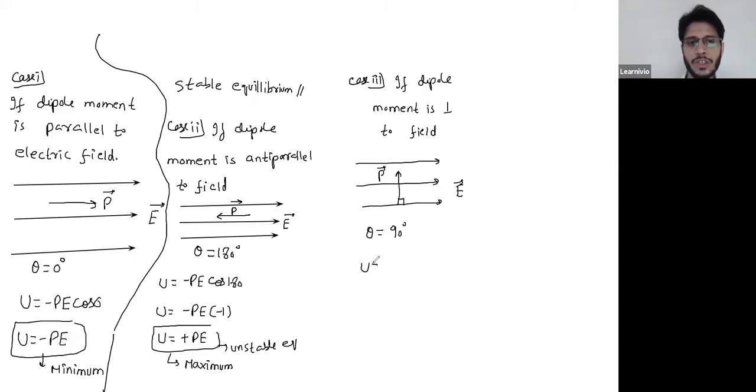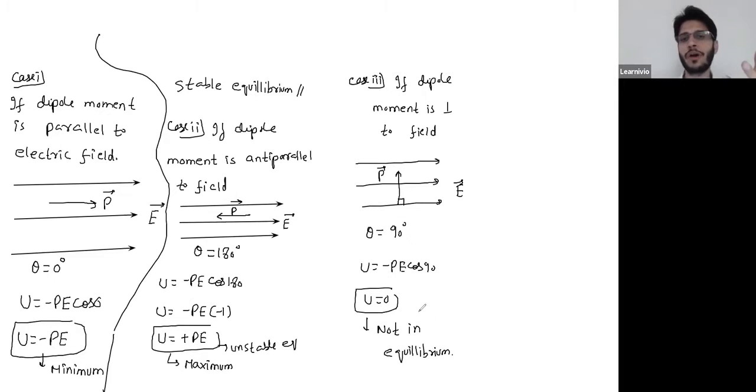If we calculate potential energy, it's minus of PE cos 90. So potential energy is 0. It's neither minimum nor maximum. It's in between minimum and maximum. So if your potential energy is neither minimum nor maximum, that means your system is not in equilibrium. This is not a case of equilibrium. So there's no point in deciding stable and unstable equilibrium for this case. Stable and unstable are types of equilibrium, but in case 3, there's no equilibrium. So you won't write this as stable or unstable.